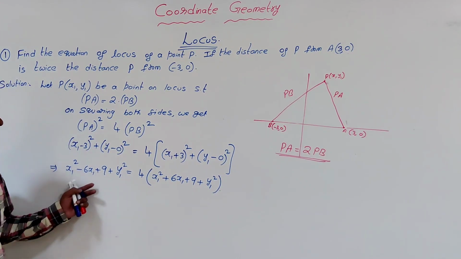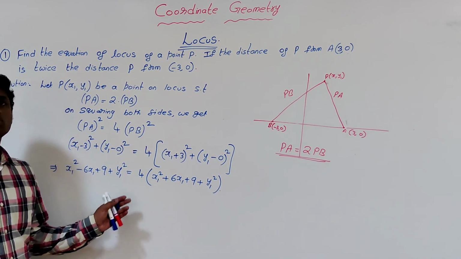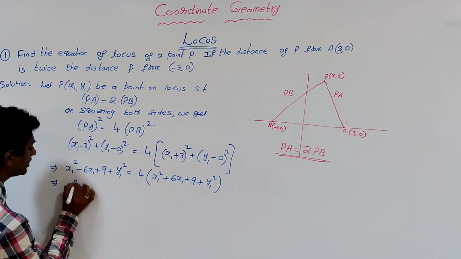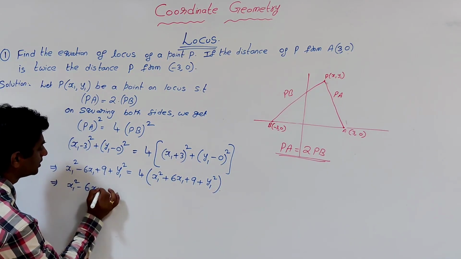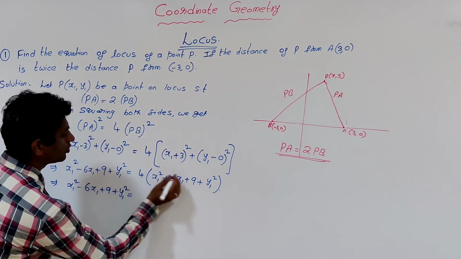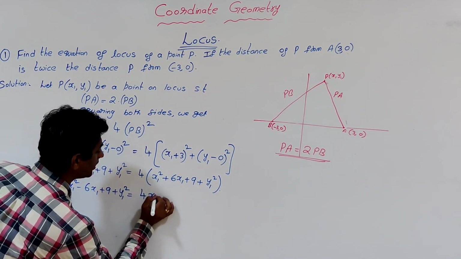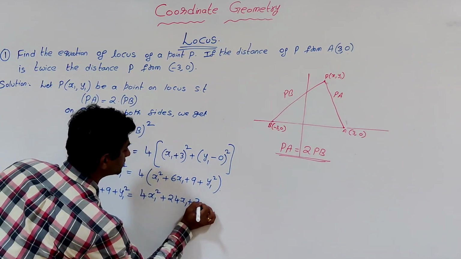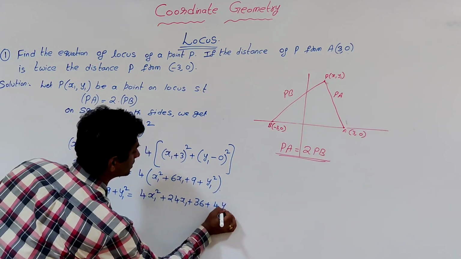Now, after simplifying, take all the terms to one side. That is x1² − 6x1 + 9 + y1² is equal to 4x1² + 24x1 + 36 + 4y1².